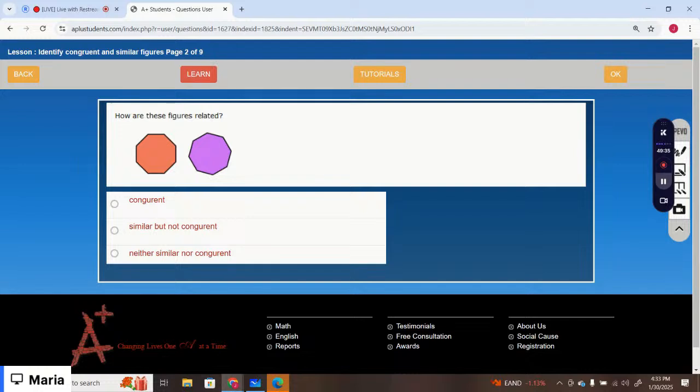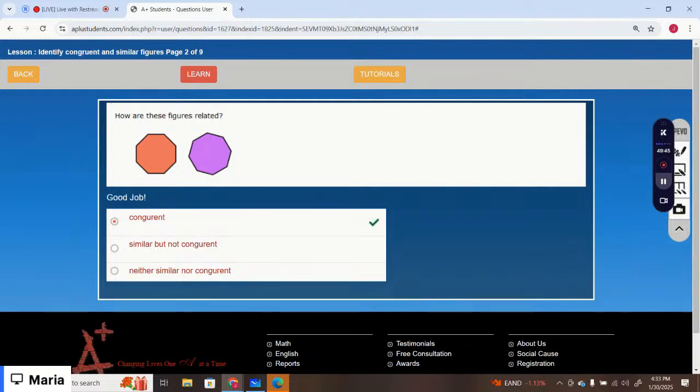How are these figures related? They are congruent. Option number 1 is the correct option.